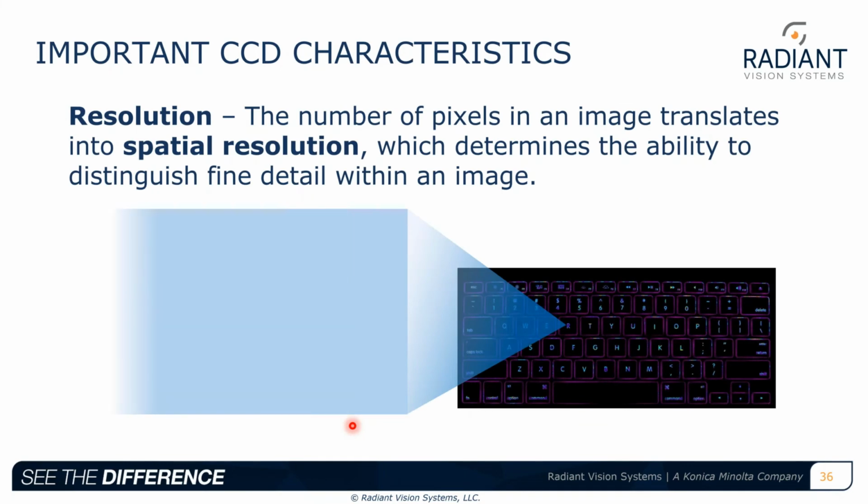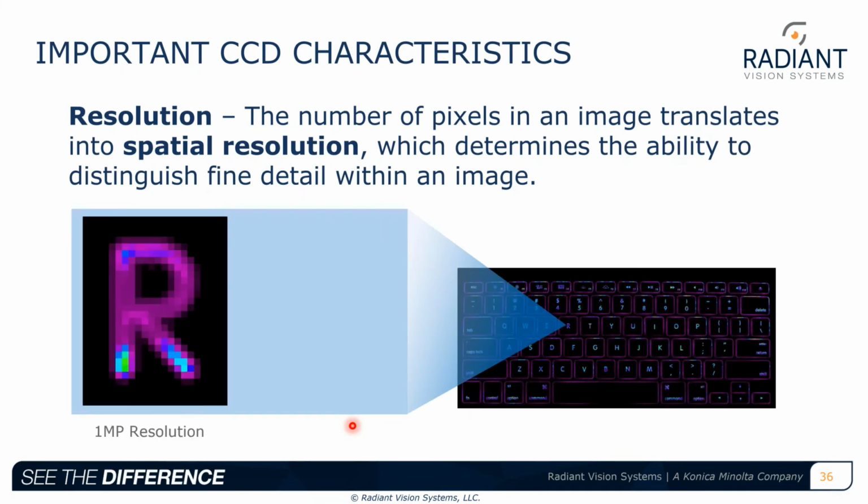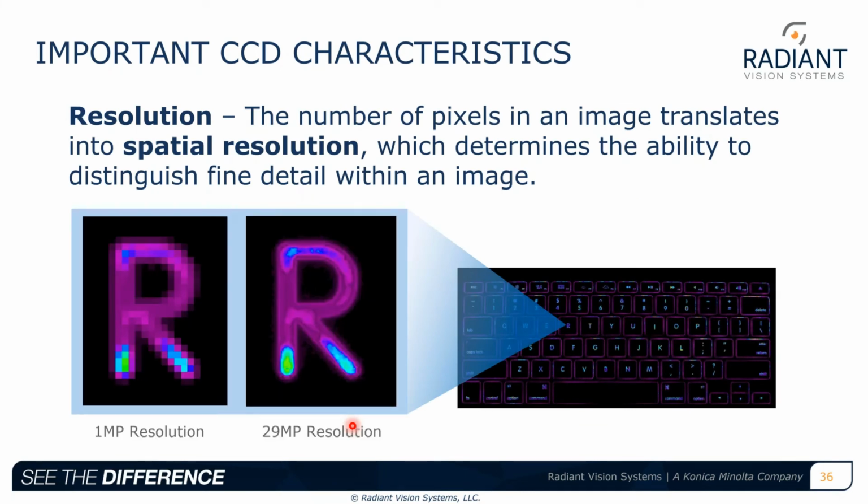So when we're talking about CCDs, or charge coupled devices, one important characteristic is the resolution, and specifically spatial resolution. The example here shows if we measure an entire keyboard using 1 megapixel resolution versus 29 megapixel resolution. We can see it's very pixelated.